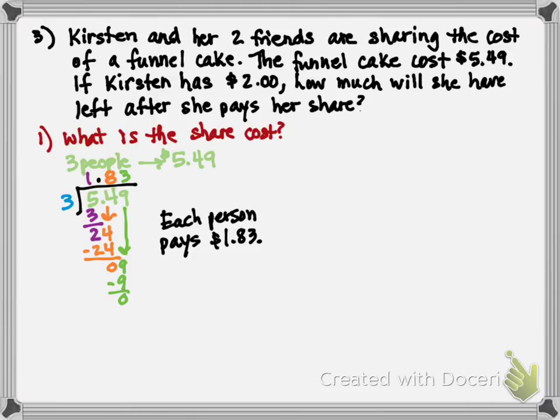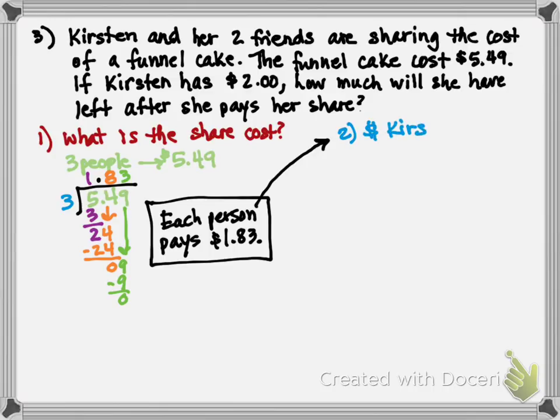Ooh, that was a terrible box. That's that piece. And then that piece leads to the second question. The money Kirsten has left over. And that's your mondo big question we're trying to answer.